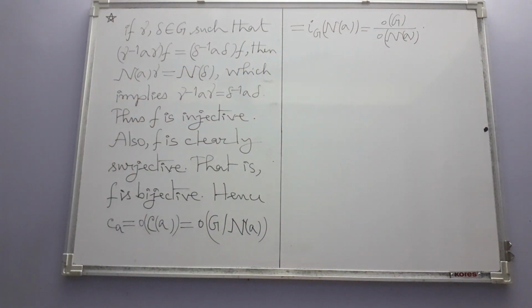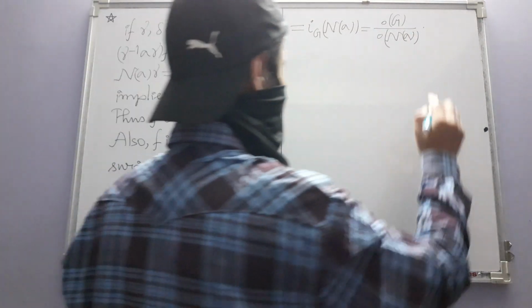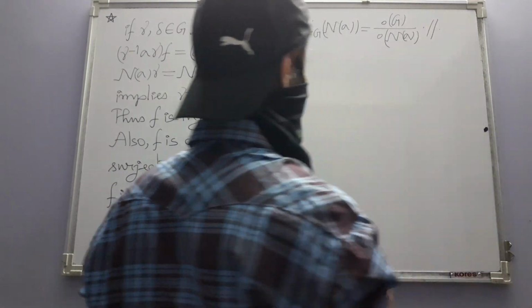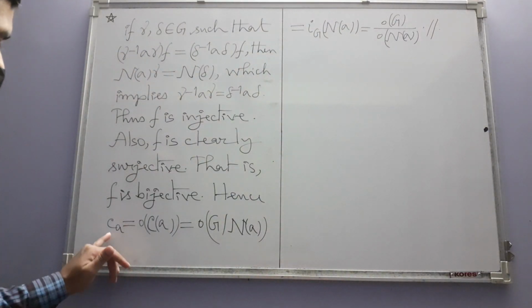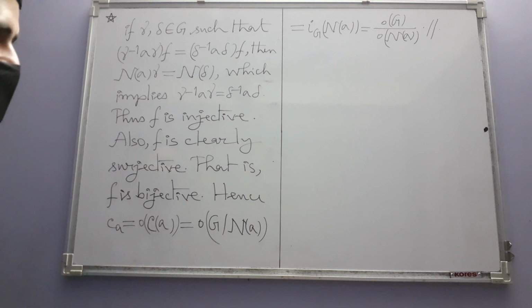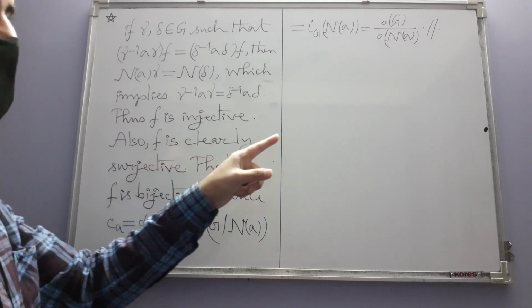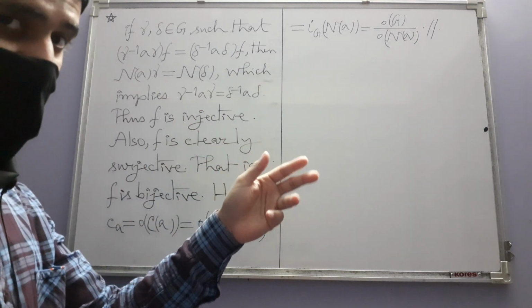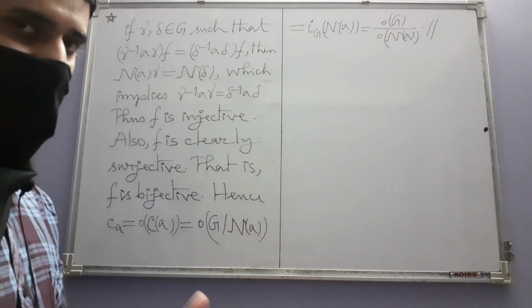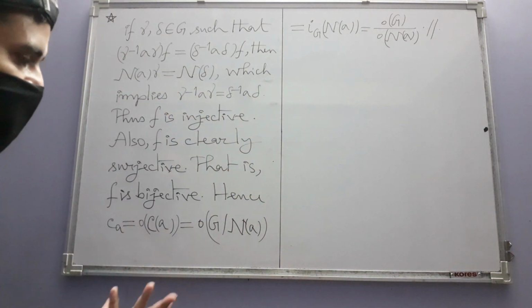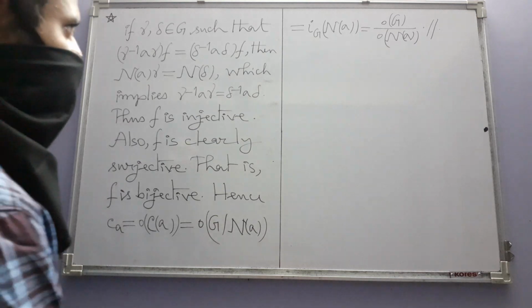And this completes the proof of our theorem. So this theorem enables us to calculate the size of each such conjugate class as the index of the normalizer of the element whose conjugate class we are considering.